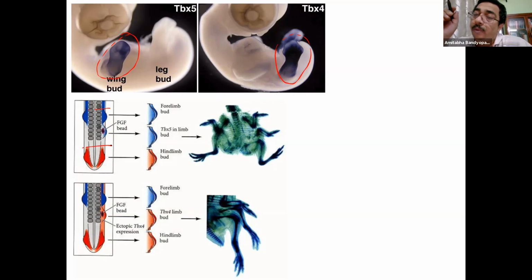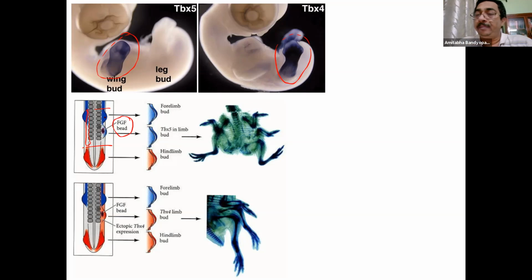So when this entire region is capable of giving rise to a limb bud, this entire region is therefore called competent to form limb bud. Competent. Okay? But that doesn't mean that you actually form limb buds from everywhere. There is an instigator for forming the limb bud, which is a signaling molecule called FGF.